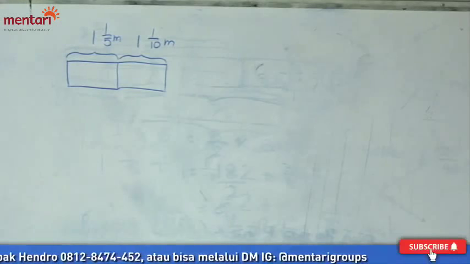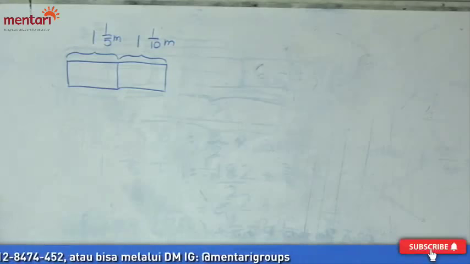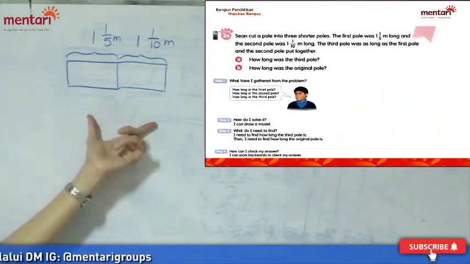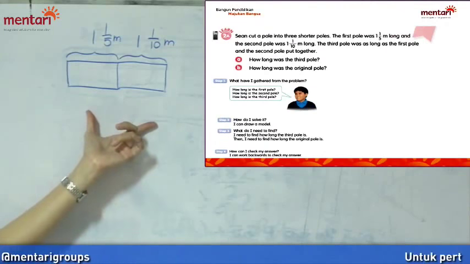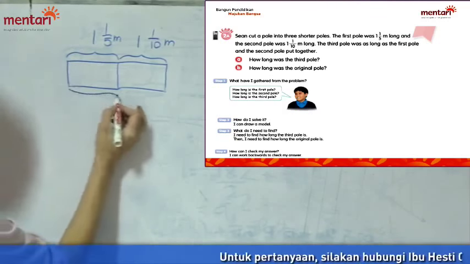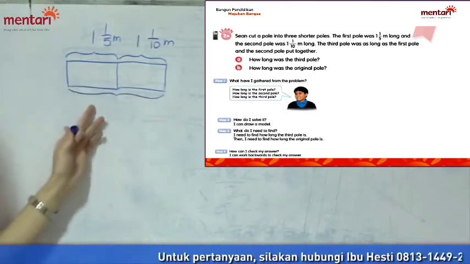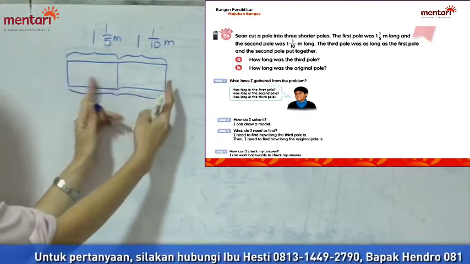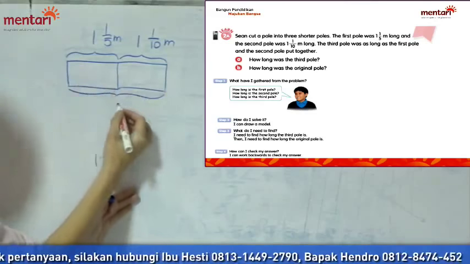So now if we want to ask the first question, how long was the third pole? Can we use this bar model? Which part actually shows the length of the third pole? Right, this is the part. The third pole was as long as the first pole and the second pole put together.